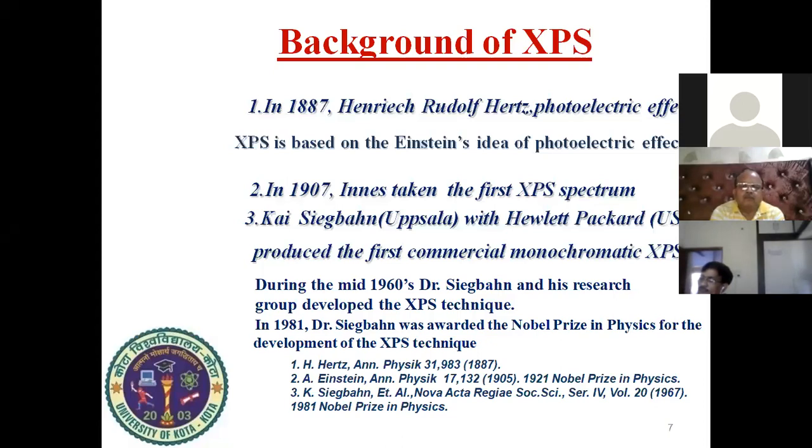In 1907, Innes took the first XPS spectrum. Kai Siegbahn from Uppsala University, Sweden, with Hewlett Packard, USA, produced the first commercial monochromatic XPS. And in 1981, Dr. Siegbahn was awarded the Nobel Prize in Physics for the development of the XPS technique.